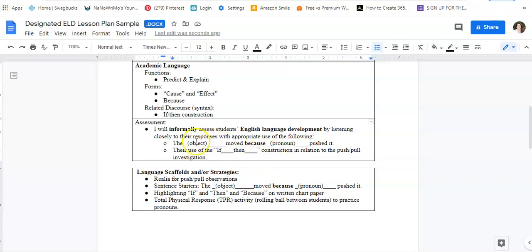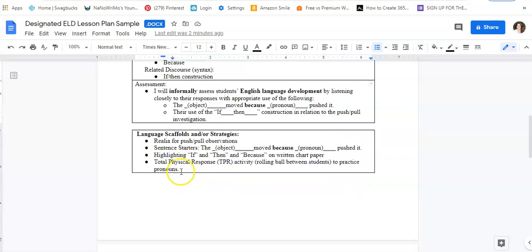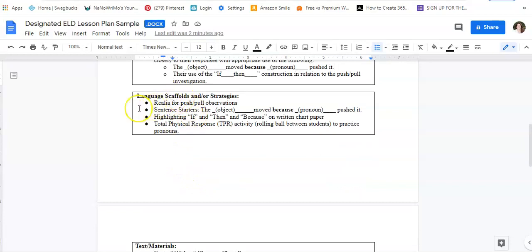So after we investigate some push and pull objects, then I'm going to move into the second activity, and I'm going to ask them, if I push this object, then, and then they can finish what will happen. Or they can create their own if-then statements. So that's my assessment.